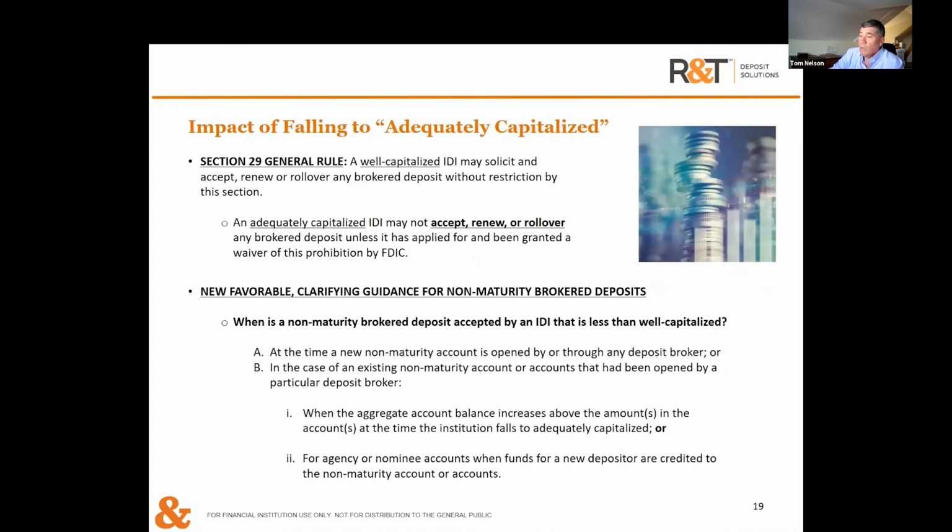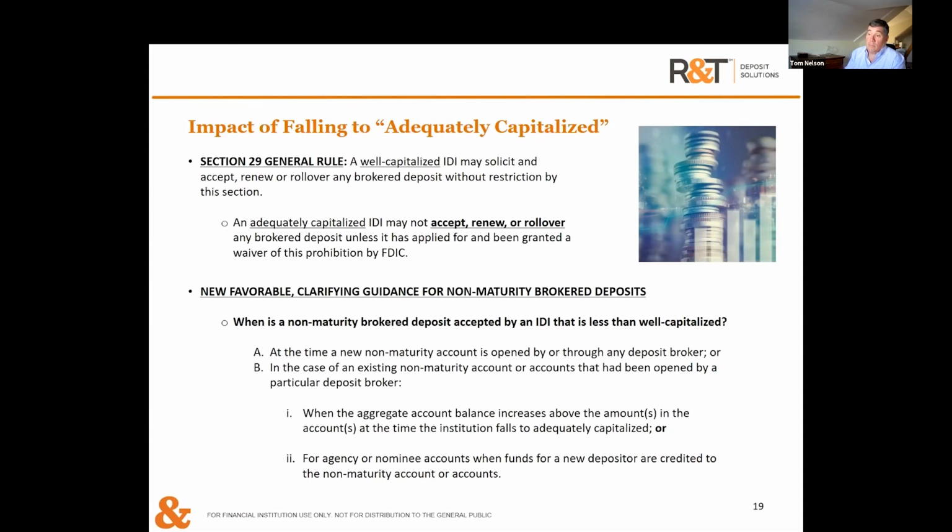Now, one of the other issues here is not only the issue purely of brokered versus core, but the issue of adequately capitalized and what's the impact on these deposits. Well, first of all, if a deposit is not considered to be a brokered deposit, the whole issue of adequately capitalized goes out the window as far as being forced to return deposits.